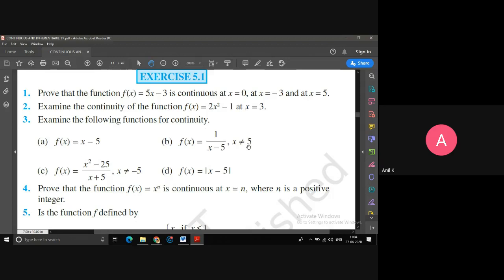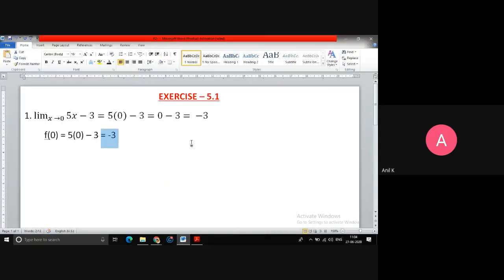So here you can use the fraction, like, let me write this question here. This is the third question. What is given? F of x equals 1 upon x minus 5, right?